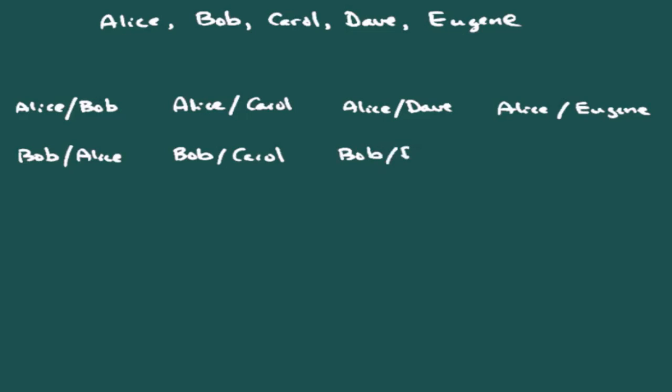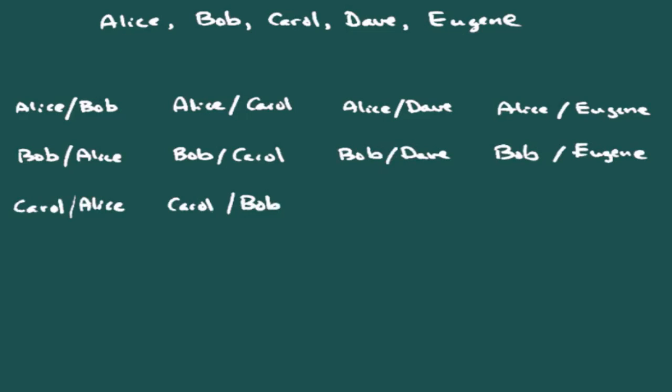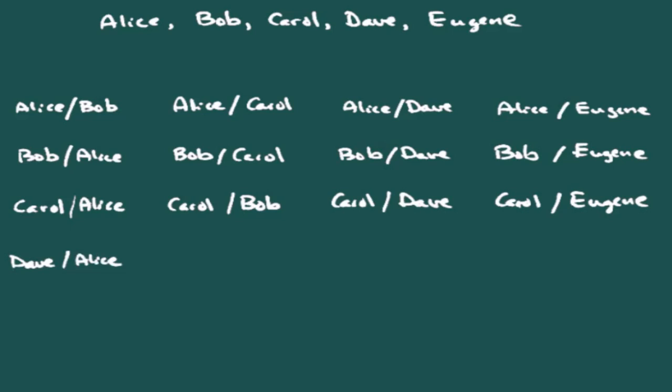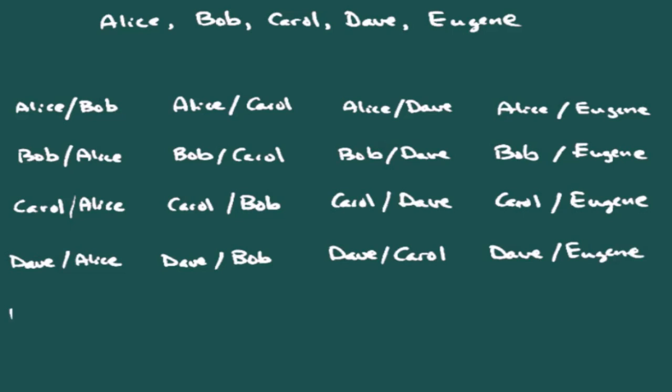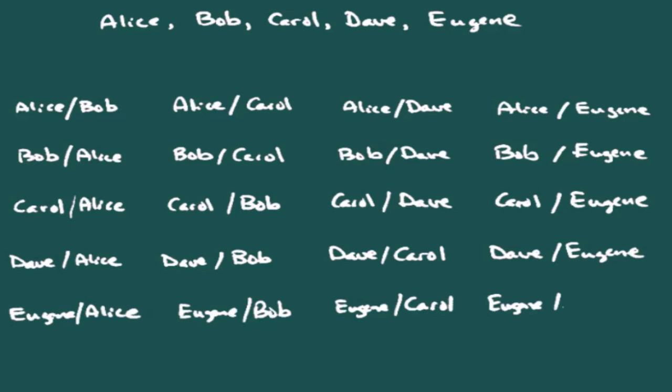Or if we select Bob as president, then we can have Alice, Carol, Dave, or Eugene as secretary. If we pick Carol as president, and so on and so on. And so if we are systematic and write out all of those possibilities, when we count them all up, we see that we do have a total of 20 possibilities.